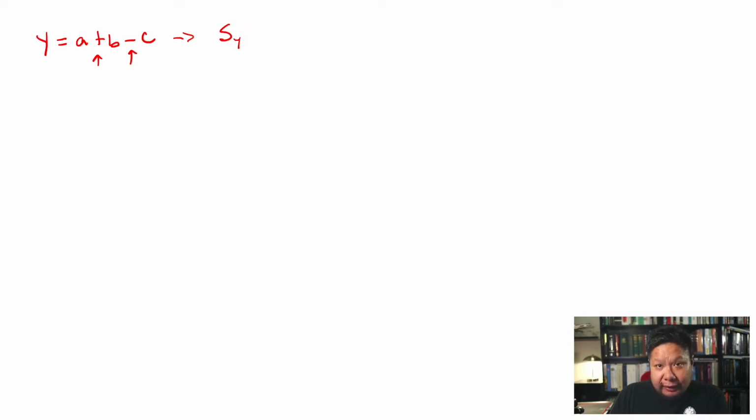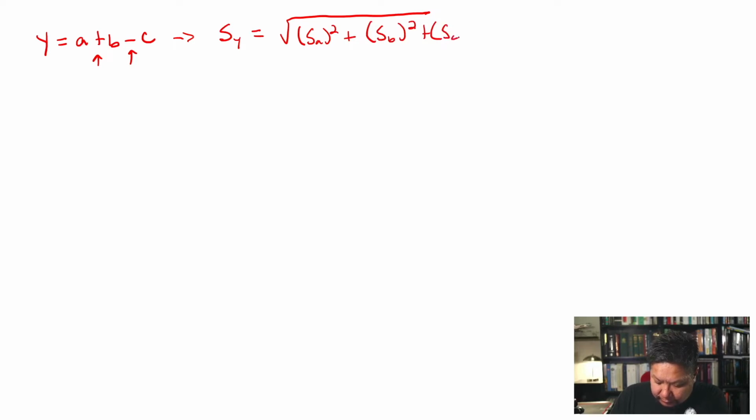So let's remind ourselves that when Y, some calculated value that you've gotten, is A plus B minus C, where the operation to get that calculated value is addition or subtraction, SY, or the absolute uncertainty involved in that calculation, equals the square root of the uncertainty of A squared plus the uncertainty of B squared plus the uncertainty of C squared.